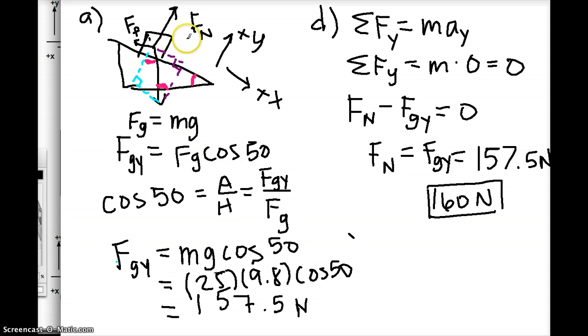And how are we going to find out the magnitude of that? It's pretty much the same as how we found the y component of gravity, except now we're trying to solve for the side that's opposite of the angle that was given. If I'm looking at my purple triangle, I'm trying to solve for the opposite side, so instead of using cosine, I'm going to use sine.